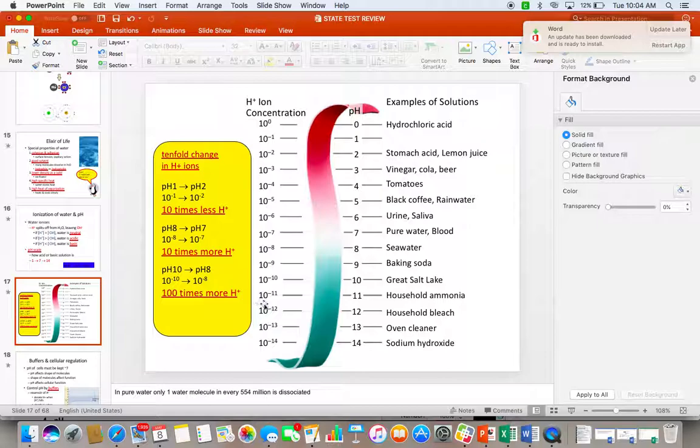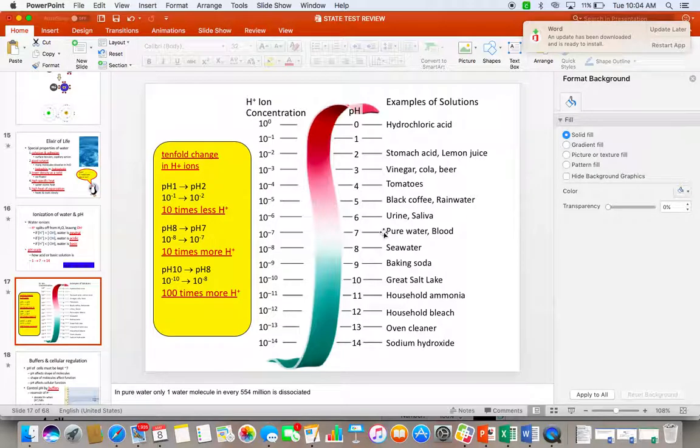Okay, so here's our pH scale. And remember, every time we move on this scale, it's a times 10. So if I'm going to compare water to baking soda, water is 7, baking soda is 9. Baking soda is going to be 100 times more basic than water. And so what that means also is that baking soda is going to contain 100 times more hydroxides than water.